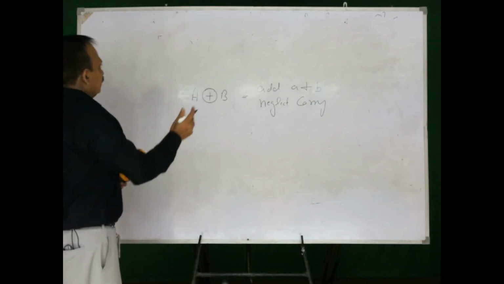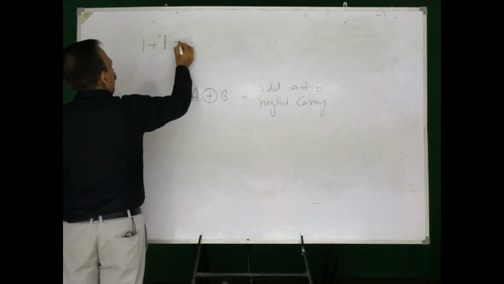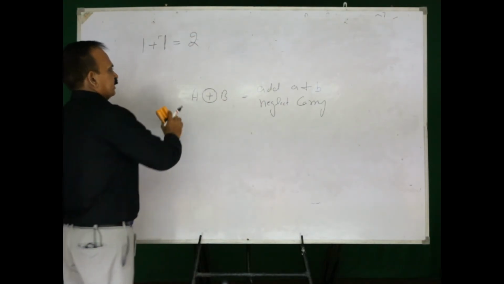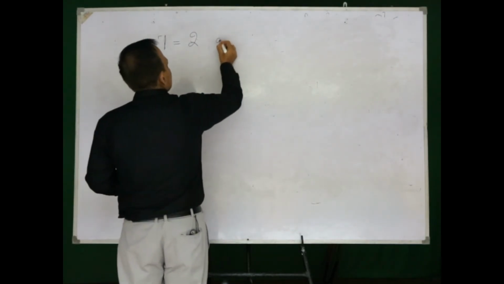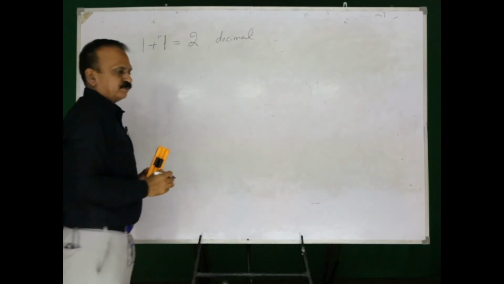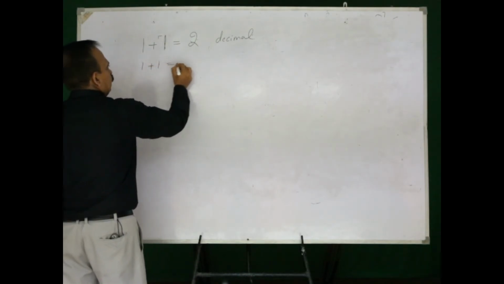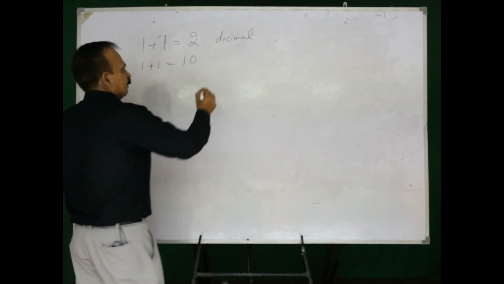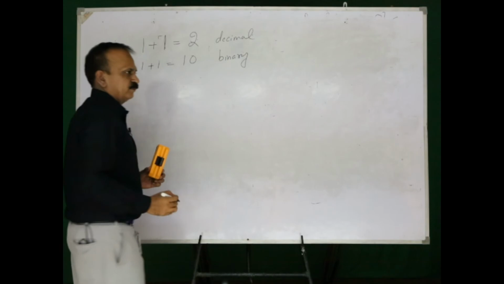Now another interesting thing is we learnt 1 plus 1 is equal to 2. This was the most basic mathematics that we learnt, and that is the decimal number system. Then we learnt 1 plus 1 is equal to 10. This basically is the binary number system. Yes, this is binary addition.